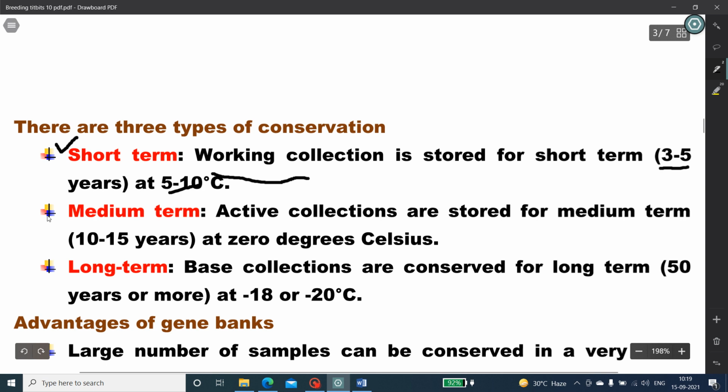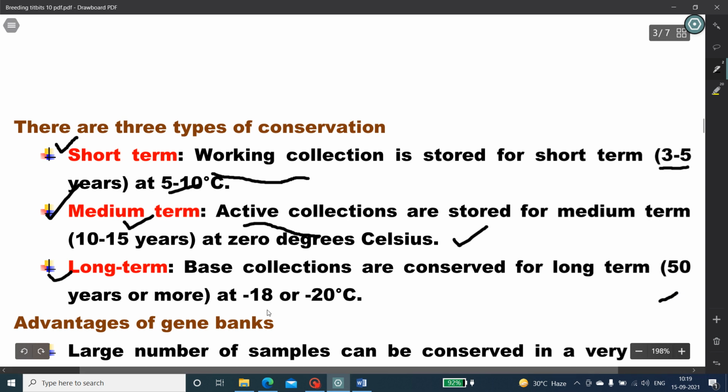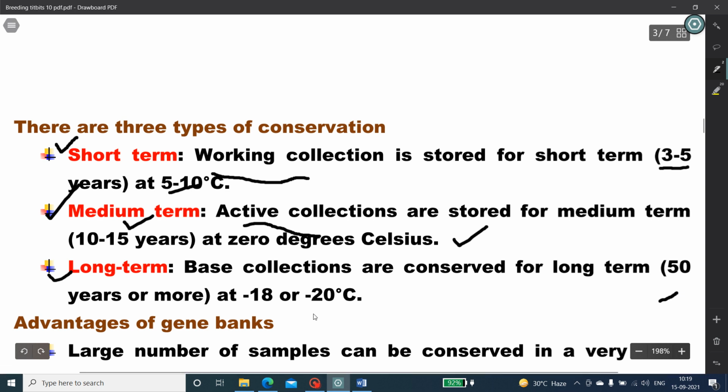Regarding medium term storage, active collections are stored for 10 to 15 years at 0 degrees Celsius. With respect to long term, the base collections are conserved for 50 years or more at minus 18 to minus 20 degrees Celsius.